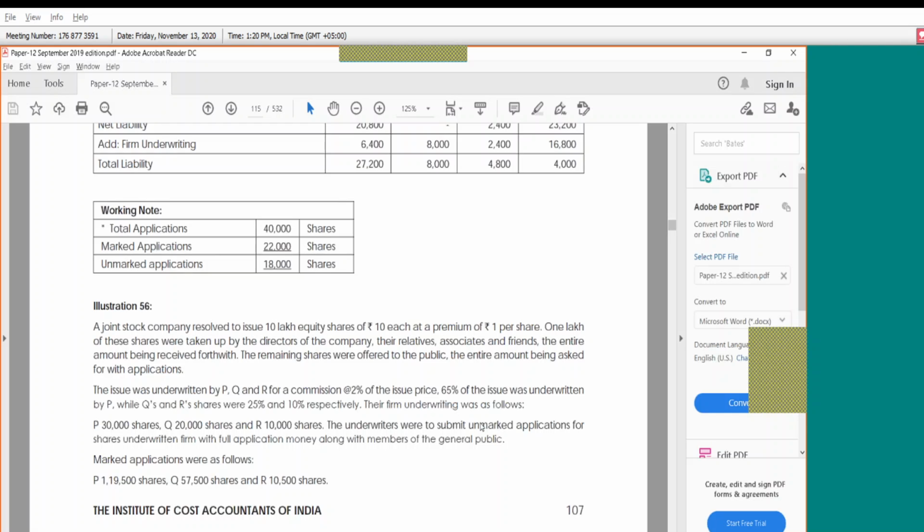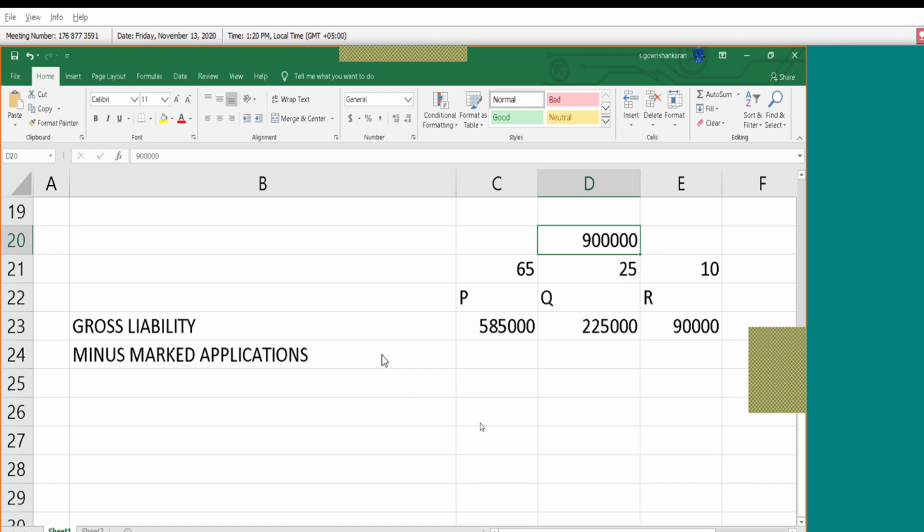Underwriter application is also included in the unmarked application. Like a general public, he purchased the shares. I don't know, because marking has not happened. So out of the total unmarked application, this firm underwriting is also included. That is the assumption. So minus marked application.